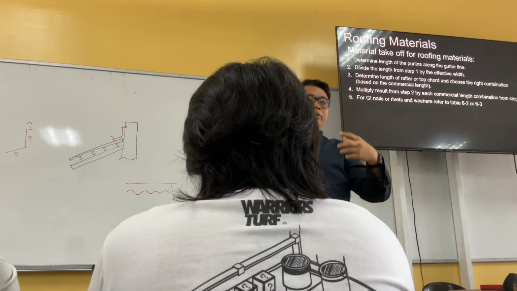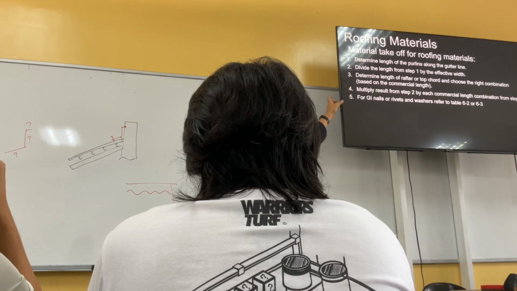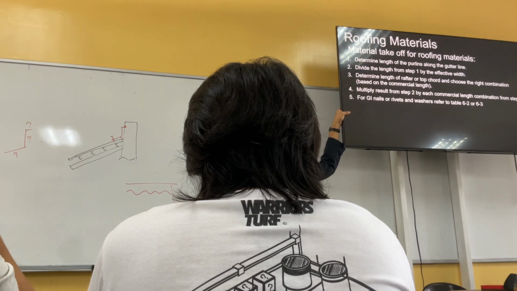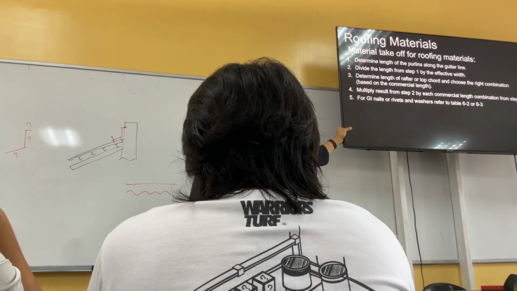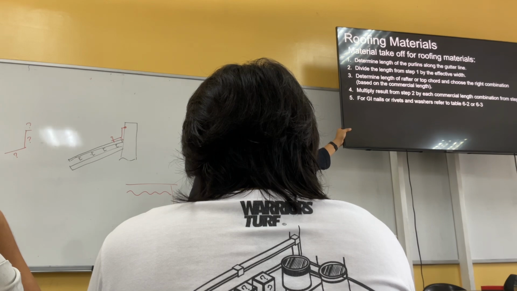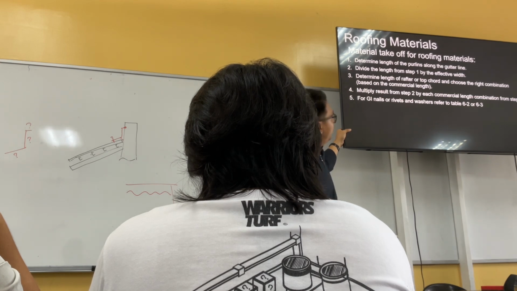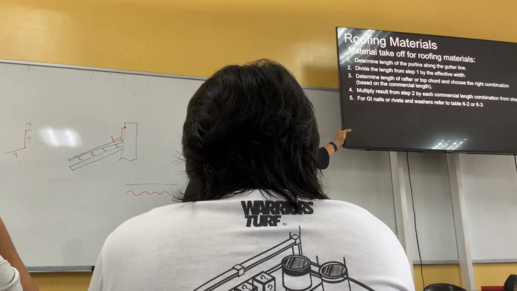Once you have that length, divide it by the effective width, depending on the side lapping, whether it's 2.5 or 1.5. So with steps 1 and 2, you can determine the number of roof sheets in a single row.